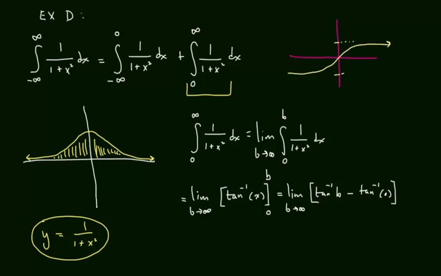So here, this equals the inverse tangent of b as b approaches infinity. So as x increases or b increases, the function is going to approach the asymptote of pi over 2. So this is going to approach pi over 2, while the inverse tangent of 0 is simply 0.